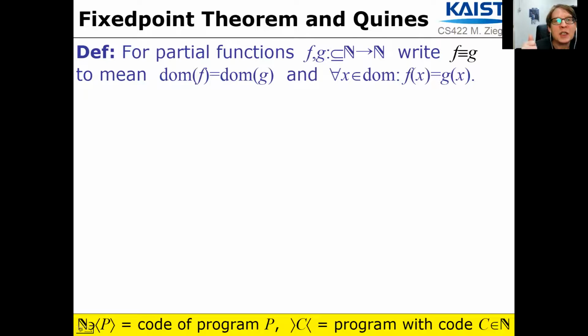And the second condition: if the function is defined on some argument, then both functions must also have the same value. By the first condition, they are both defined, and by the second condition, they must have the same value. That's a reasonable definition, and it's easy to check. Maybe a next quiz is to verify that this is an equivalence relation, but this is too easy for you, right? So we're going to skip that.